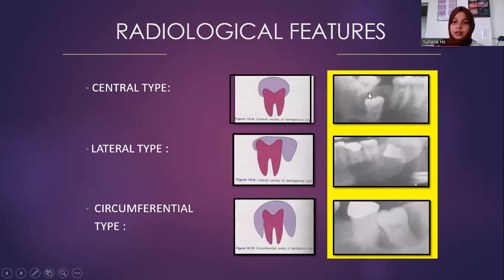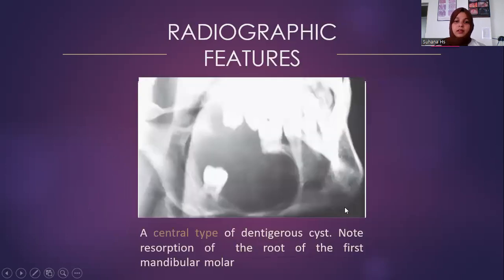These are radiographic examples. Here you can see radiolucency at the back of the tooth covering the unerupted crown. This is the lateral variety, and this is the circumferential variety. This is the radiographic picture of a central type of dentigerous cyst.